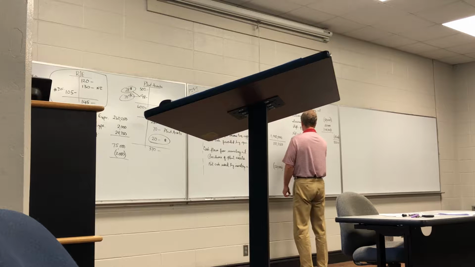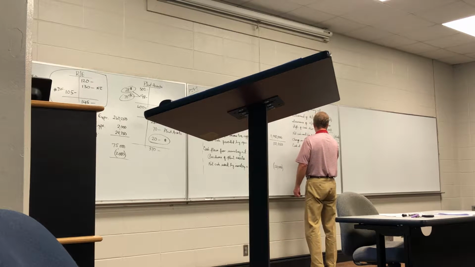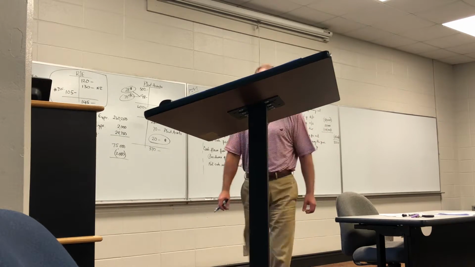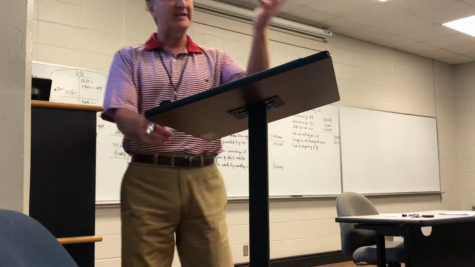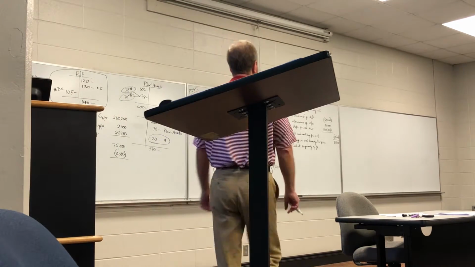Then to that, I'm going to add cash at beginning of the year. So go to your 2016 year-end balance sheet, which would be your beginning of the year 17, and it's 20,000.